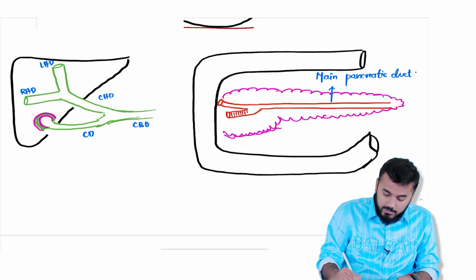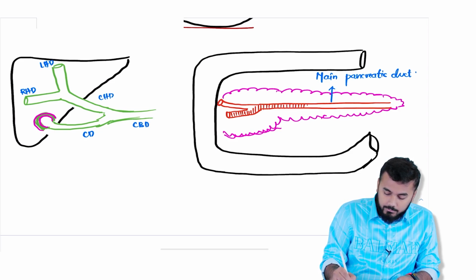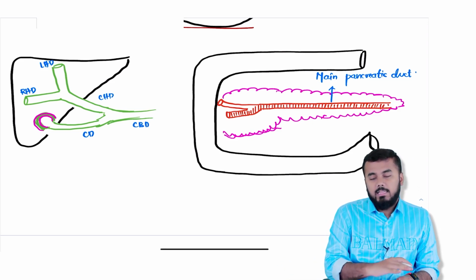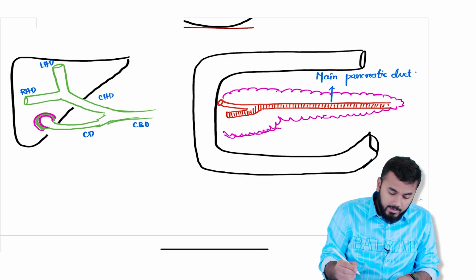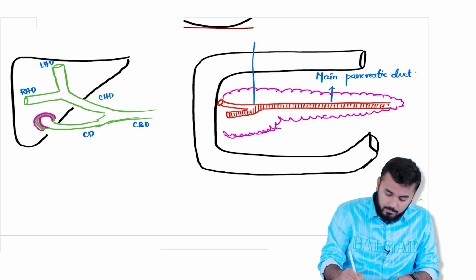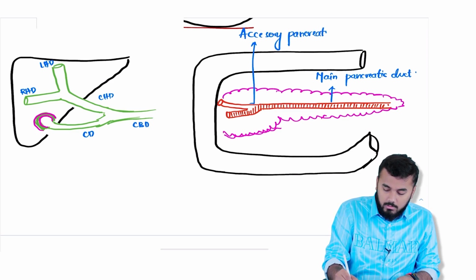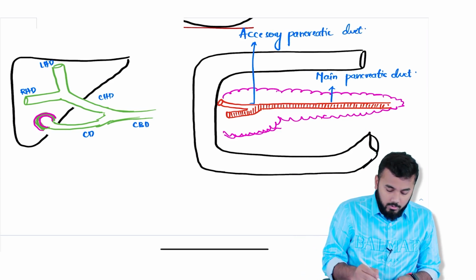This part which I am shading right now is your main pancreatic duct, and the other one is called your accessory pancreatic duct.